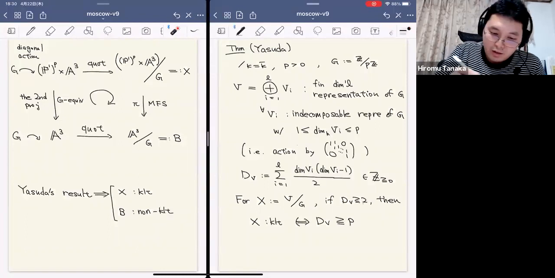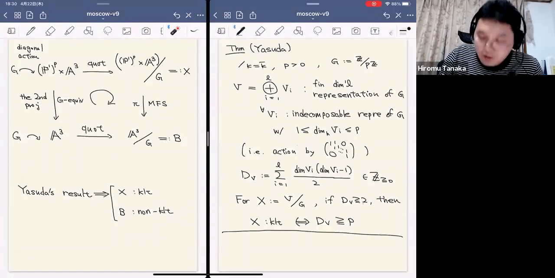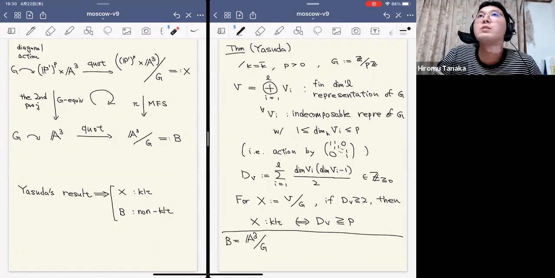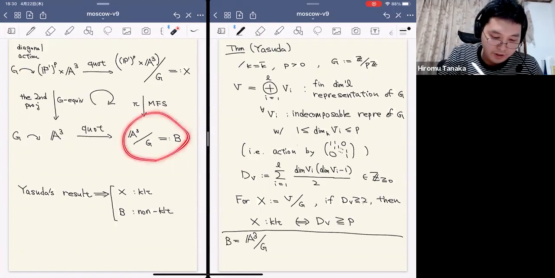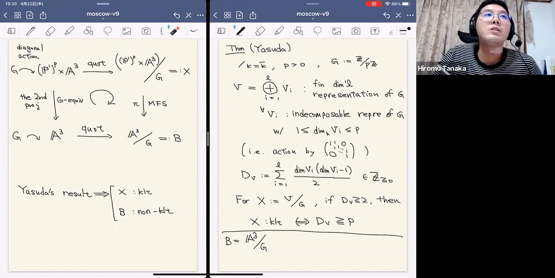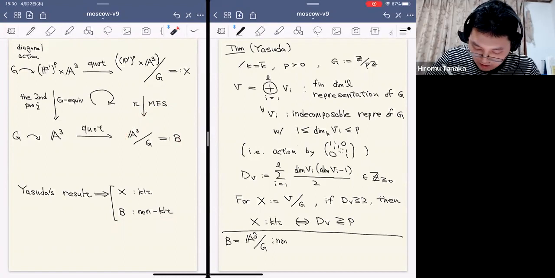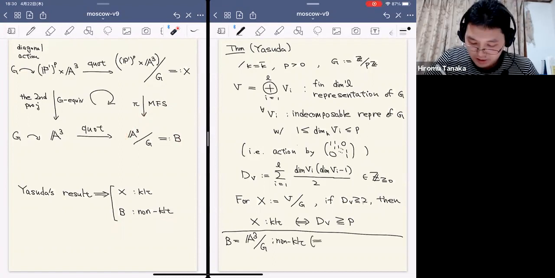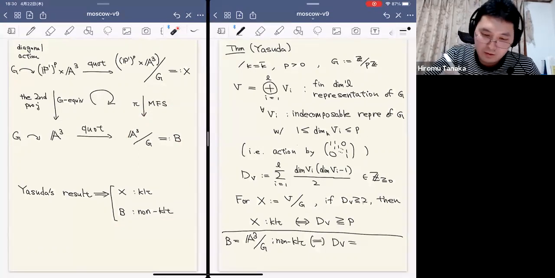Okay, so let me just explain the easiest case, which is this one appearing here. And as I said, this is non-KLT. Let us check that this is actually non-KLT by Yasuda's theorem. In this case, D_V, this is already indecomposable, so this direct sum does not appear.